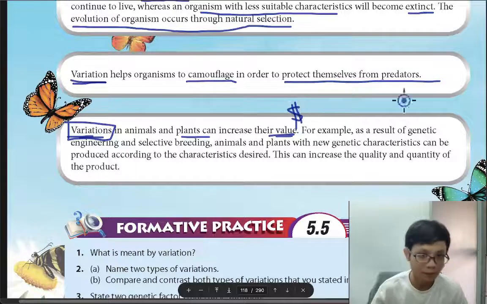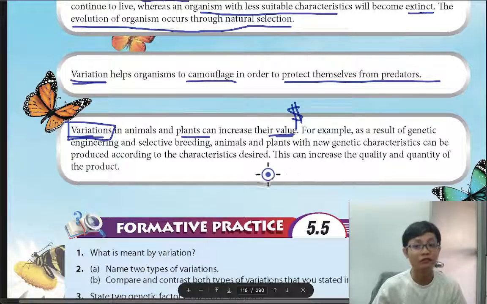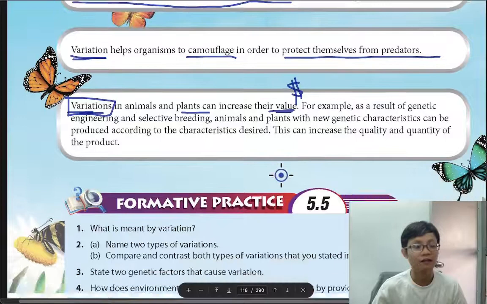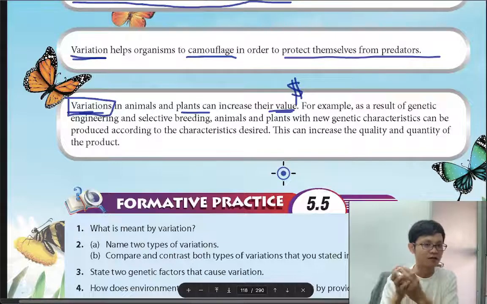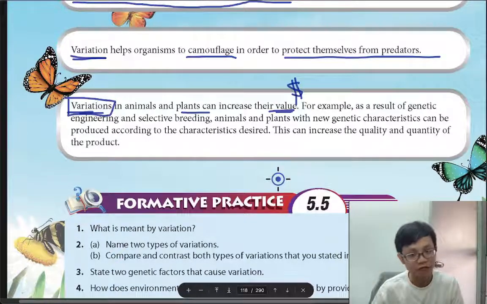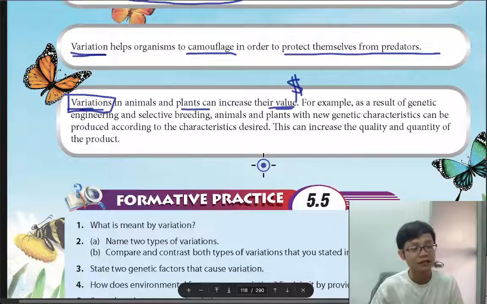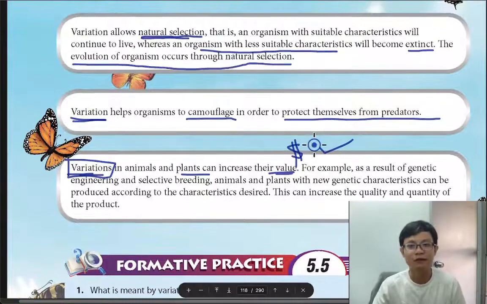So maybe you want to try one day to mix Musang King with D24, Musang King with red prawn, and try to get the best durian that you want, and your tree is more resistant towards disease, so that you can increase the value. Yes, so we really learn how to earn more money.